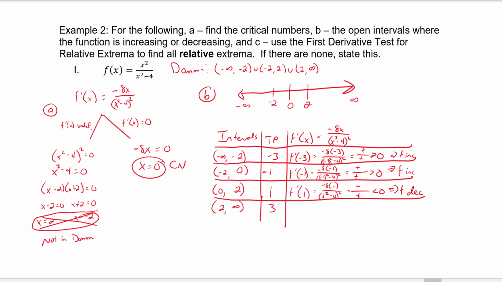And then 3: f prime of 3 is negative 8 times 3 over 3 squared minus 4 quantity squared. Negative times positive gives us negative, and the denominator is positive. Negative divided by a positive is less than 0, so f is decreasing on this interval as well.